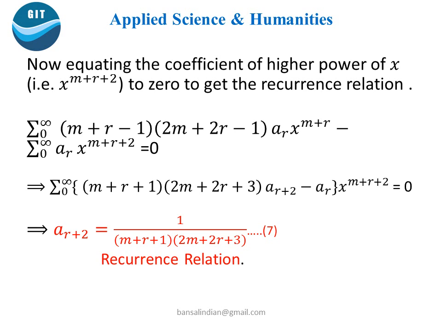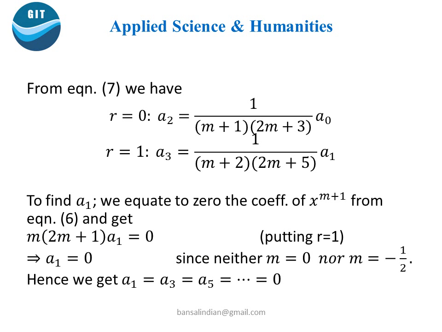Putting the values of r equals 0, 1, 2, we will get the values of a_2, a_3, a_4 in terms of a_0 and a_1. So a_2 equals 1 upon (m + 1)(2m + 3) a_0, and on putting r equals 1, a_3 equals 1 upon (m + 2)(2m + 5) a_1.